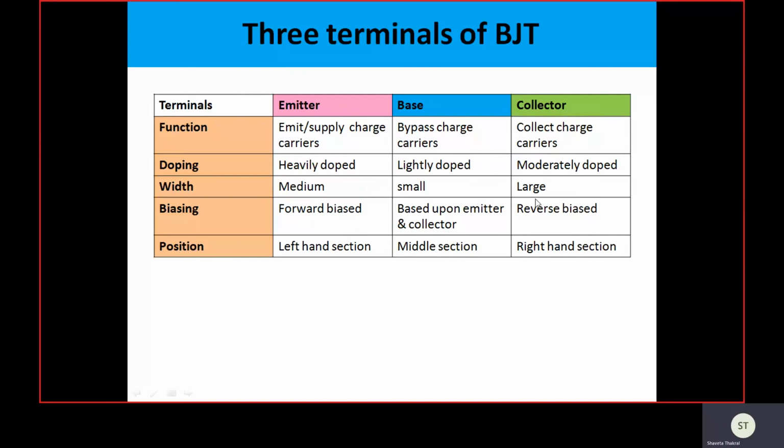The function of the collector is to collect charge carriers, so it needs to be reverse biased so that the attraction force is there to collect the charge carriers. And the biasing of the base depends upon the emitter and the collector. The emitter is usually represented as the left hand section, the collector is the right hand section, whereas the base is the middle section.